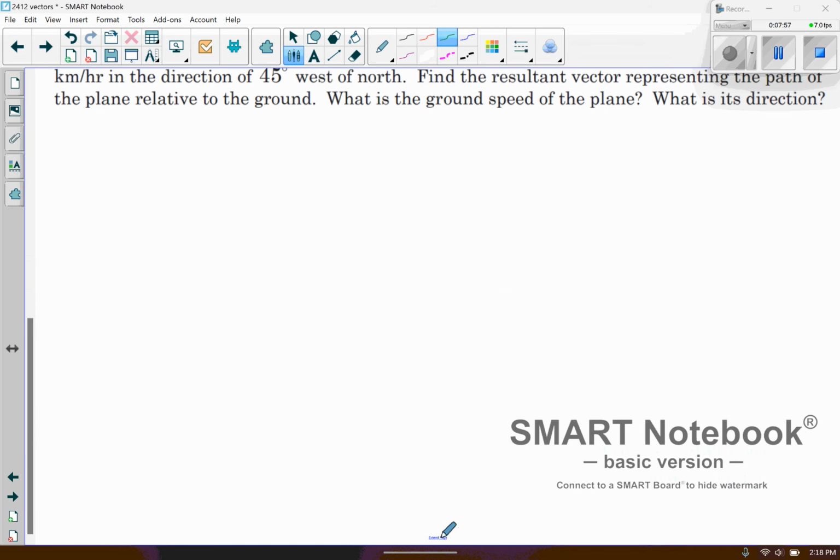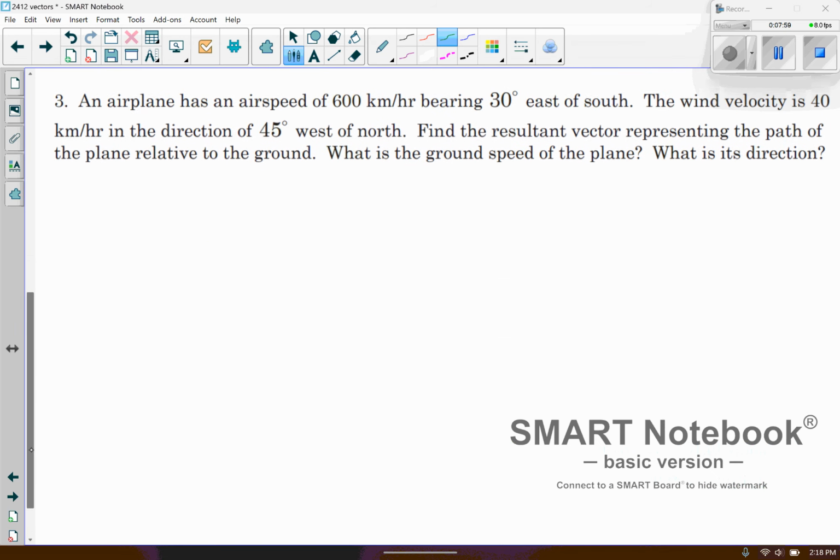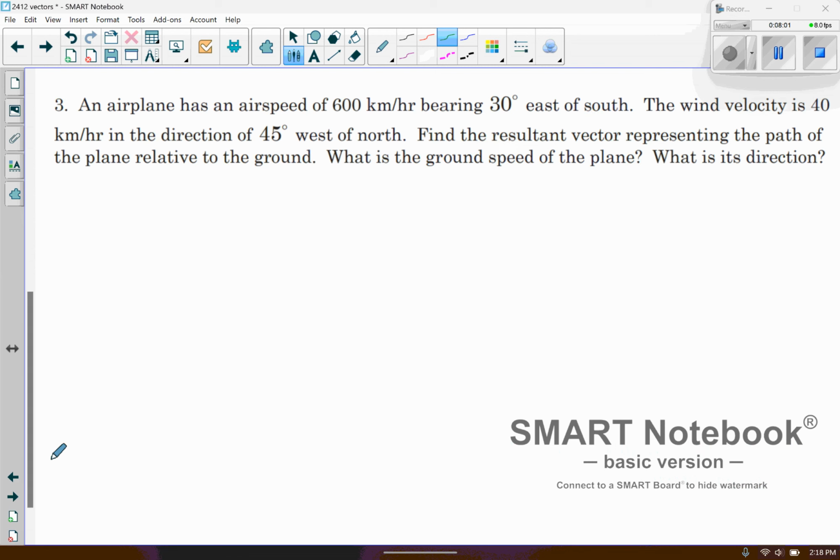Okay, so this example here says an airplane has an airspeed of 600 kilometers per hour with a bearing of 30 degrees east of south. So what we need to do is first come up with our vector for the airplane, and then we have the wind.